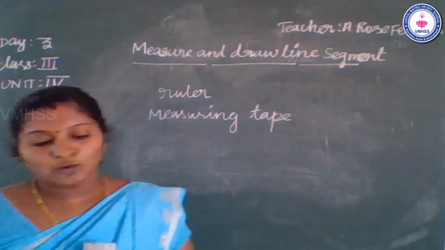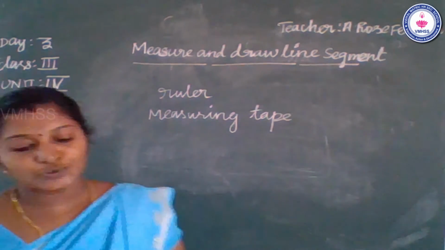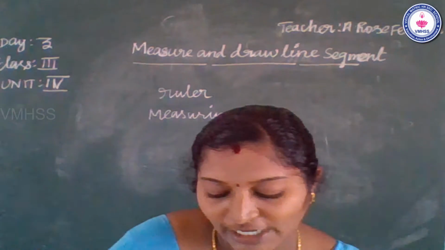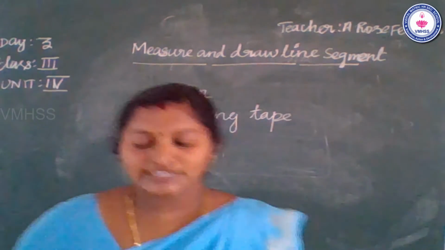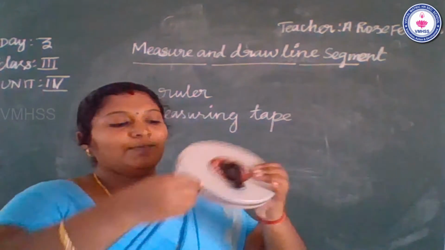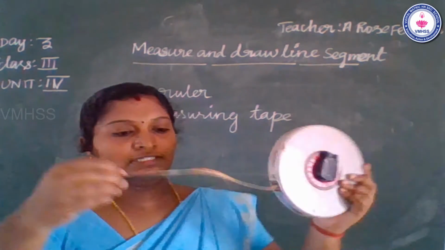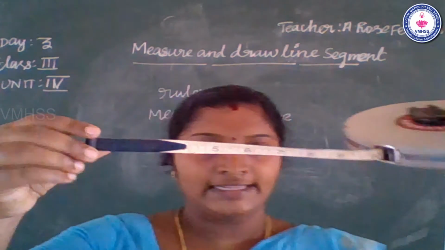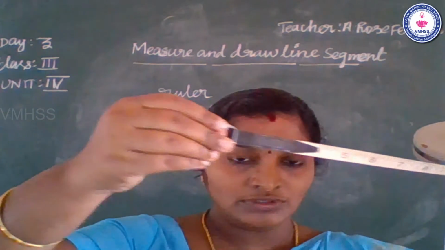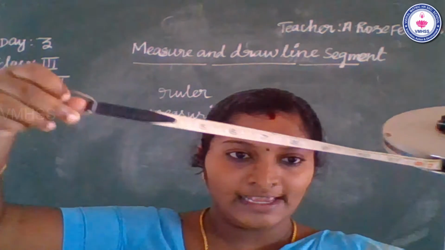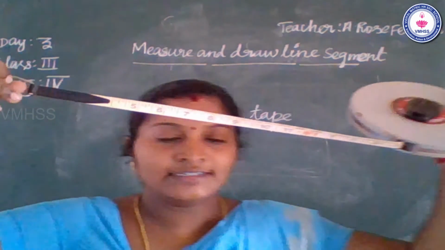So, how to measure a length using a ruler? You already know the measuring tape. This is the measuring tape, see there. It starts at 0, 1, 2, 3 and so on.